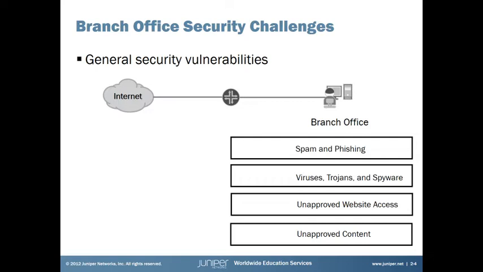Now, one of the things I want to look at first with this is that most of these things are all to do with application layer stuff. So viruses, stuff that's coming through email, spam, phishing, it's all application layer stuff.